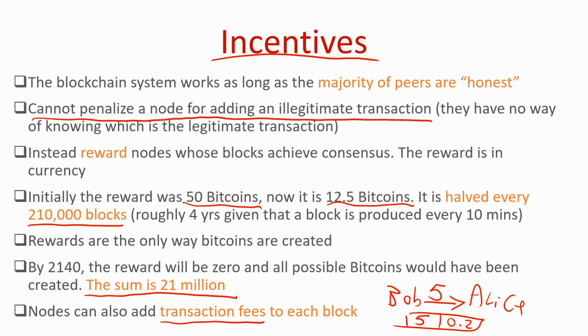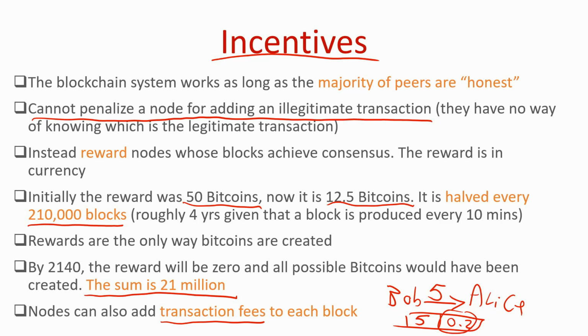Whoever gets to include my transaction in your block and gets to successfully publish their block as part of the blockchain, they will get the 0.2 Bitcoin as a reward. Now, you have to note that this transaction fee is not dedicated to a particular miner. The transaction fee is a reward for whoever is going to be successful in finding the next block.